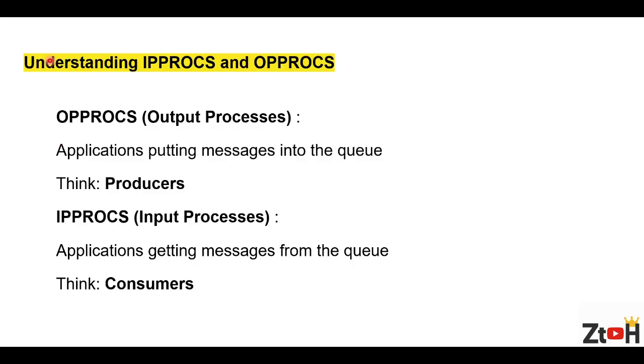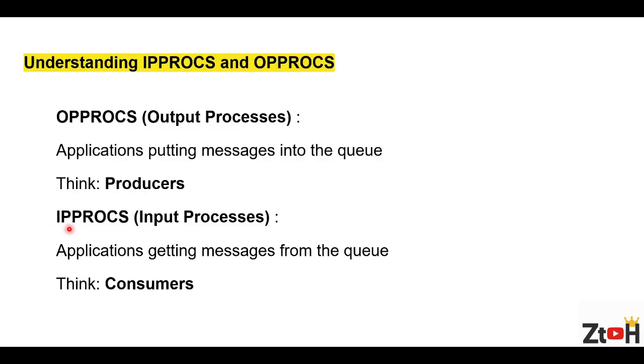Now let's see what are IPPROCS and OPPROCS. For better understanding, I am explaining each and every attribute in detail. OPPROCS means output processes: applications putting messages into the queue. Think of it like a producer which puts the messages inside the queue.